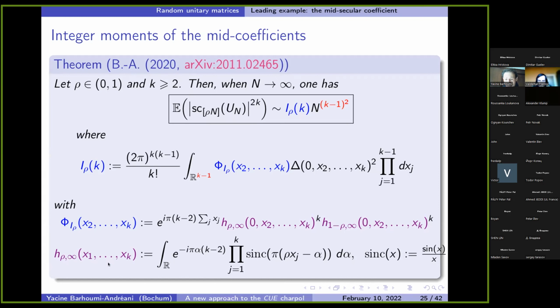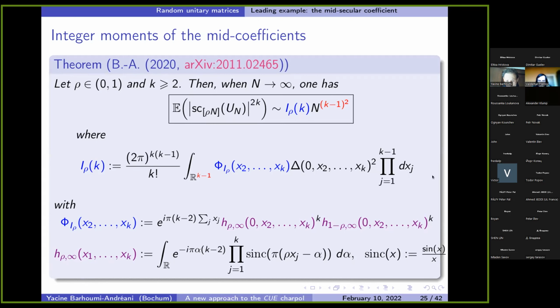And this h rho is an integral involving the sinc function, a la Dyson. This really looks like the Dyson and Montgomery result. You see that there is the sinc function in this limiting integral, and this is the presence of the zeros.